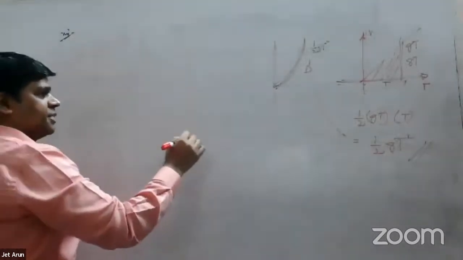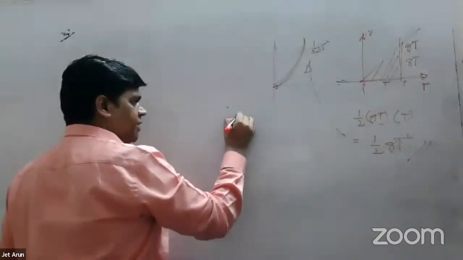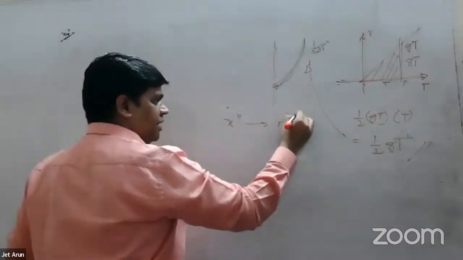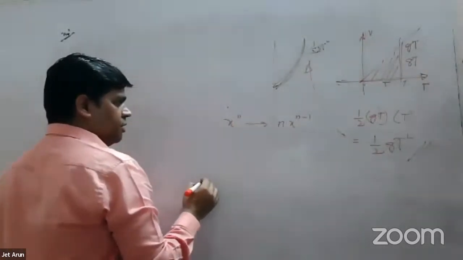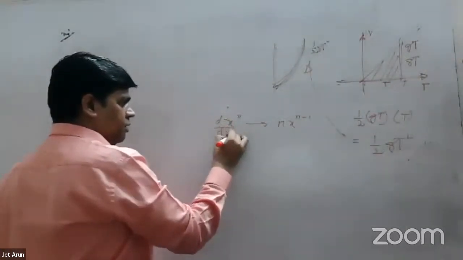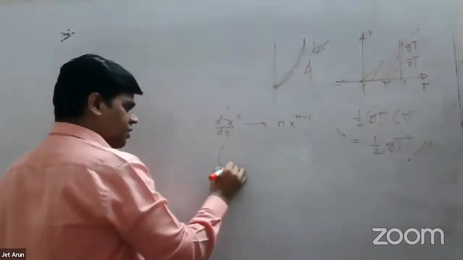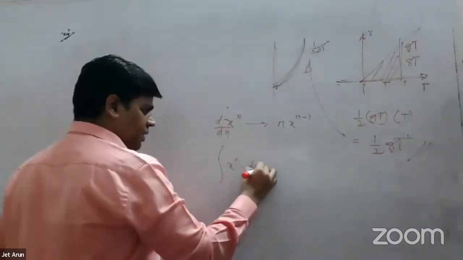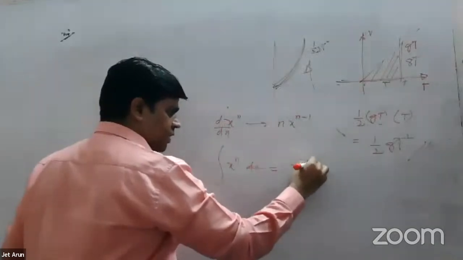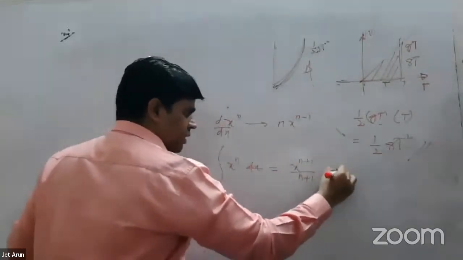All right. Now look at this. Derivative of x power n is nx power n minus 1. But whereas integral of x power n dx is equal to x power n plus 1 by n plus 1 plus c.